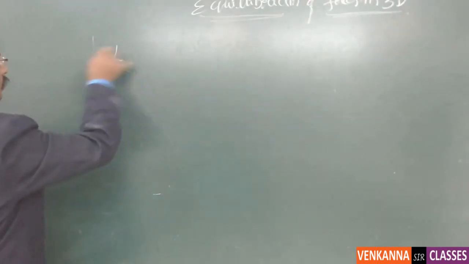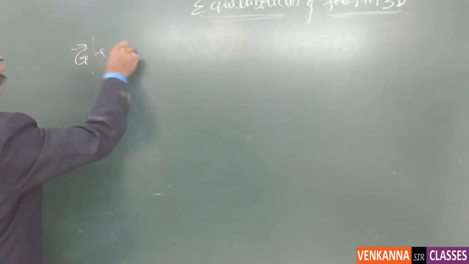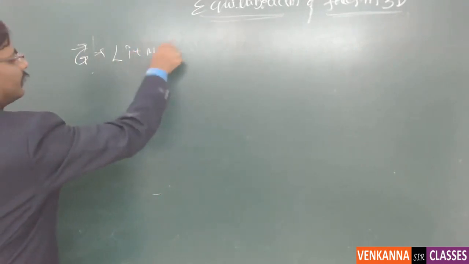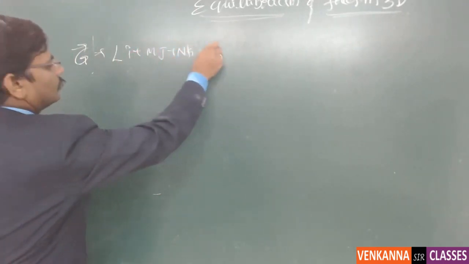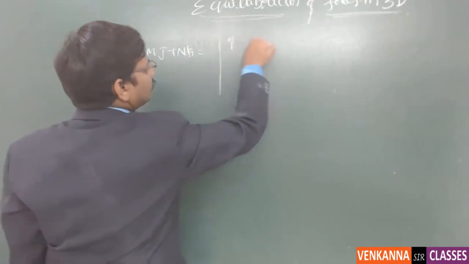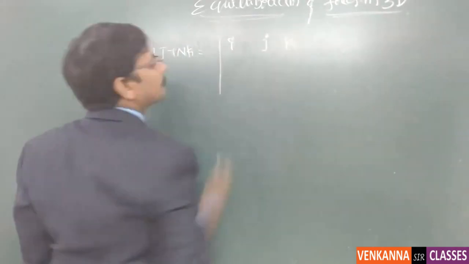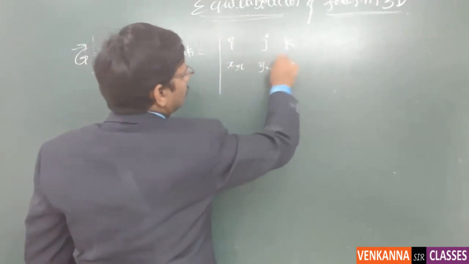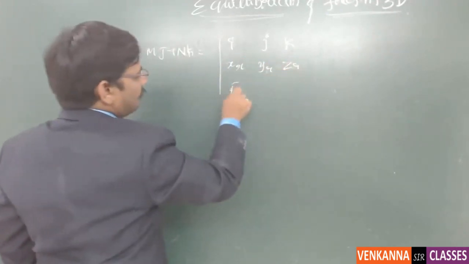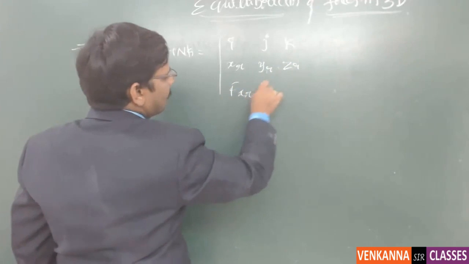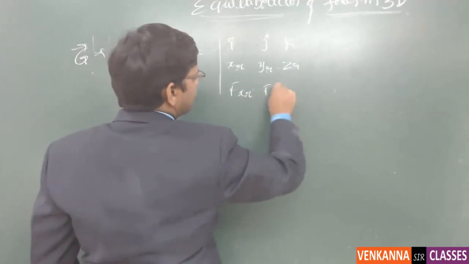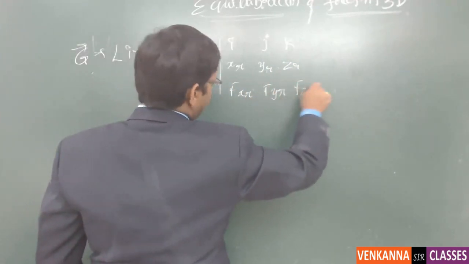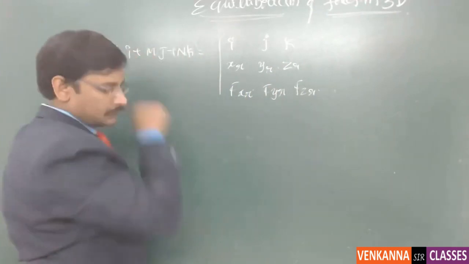So this resultant moment G is equal to Li plus Mj plus Nk, equal to the determinant of i, j, k; XR, YR, ZR; FXR, FYR, FZR, right?